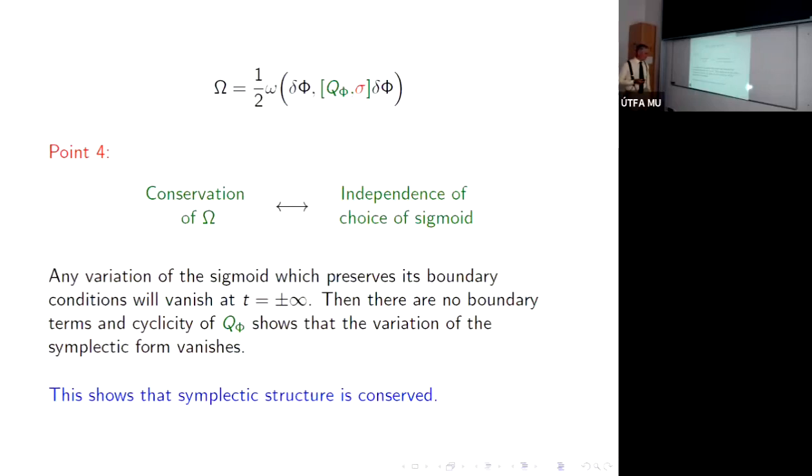How can you do that? I guess if you could choose a sigmoid that commuted with Q, then your phase space would be zero dimensional. That's what that would mean.